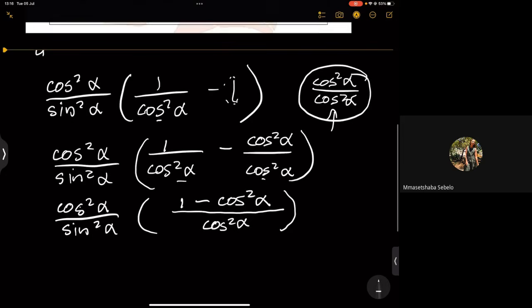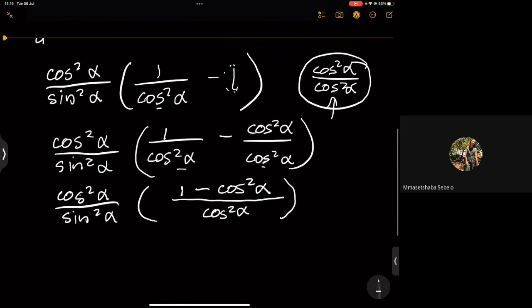Okay. So I see at the top, what do we see there? We've got an identity, isn't it? 1 minus cos squared of alpha, that's one of the square identities. So we've got cos squared of alpha over sine squared of alpha multiplied by 1 minus cos squared of alpha, which you remember is one of the square identities that we had.